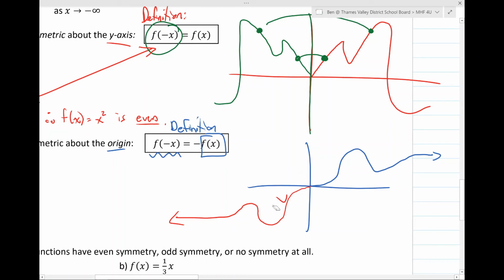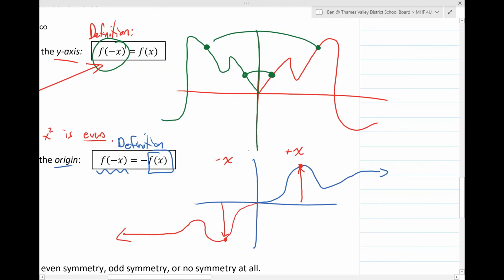It needs to be on the other side of the x-axis, and the distance from the x-axis is going to be the same, but in the opposite direction as it was for our positive versions of x. So positive x is over here, negative x is over on this side.